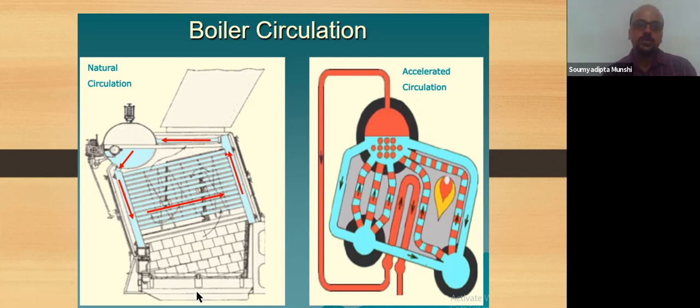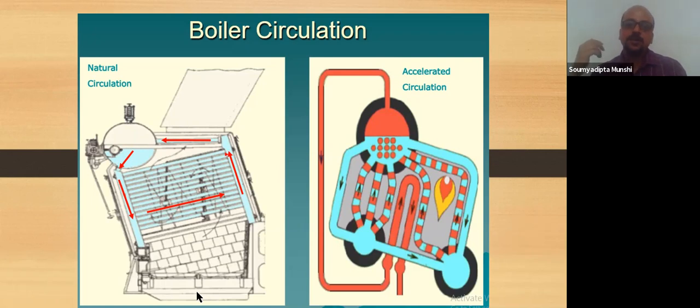When the water enters the drum, it joins the circulation system.